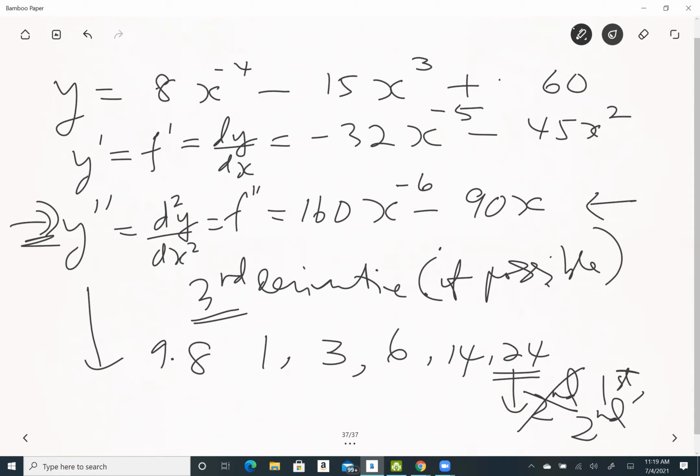So I give you 1, 3, 6, 14, 24, and another one will be 16. Do up to the third derivative. If they ask you to do the third derivative, you have to do the second derivative, because otherwise how can you do the third derivative right away?